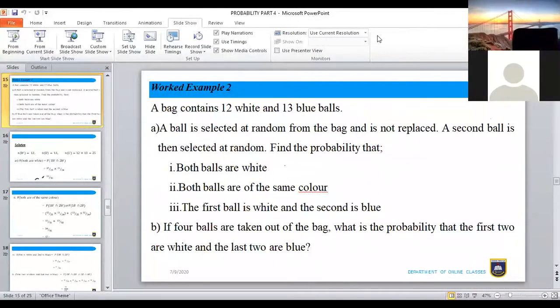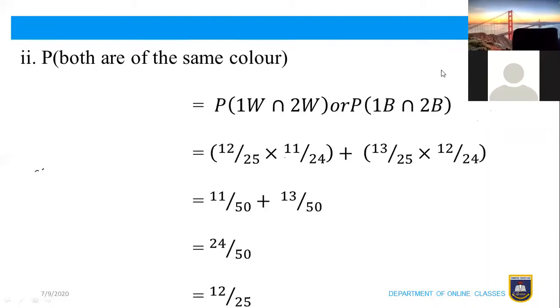You said first two white and last two blue, and your answer is what? 289 all over 575. Now give us the explanation. The question said first two white and last two blue. So the probability P is P of first white intersect second white plus first blue intersect second blue.